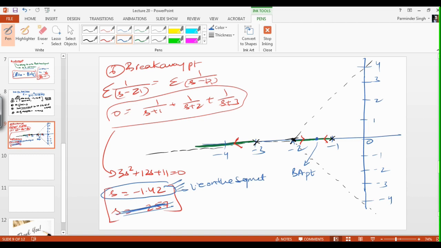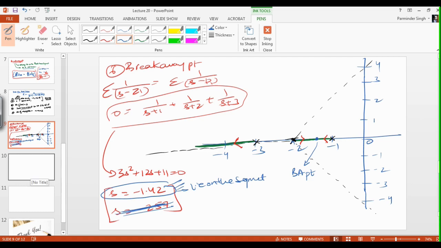Now for the root locus, let's look at the shape of the asymptotes. We see the asymptotes are approaching the imaginary axis, right? Out of three asymptotes, two are approaching the imaginary axis. That means our root locus will also approach the imaginary axis.